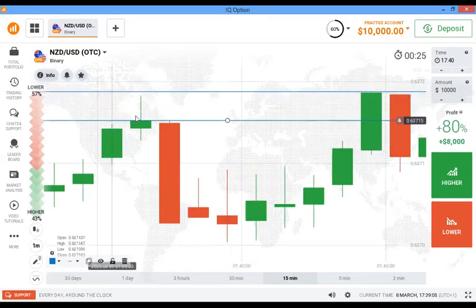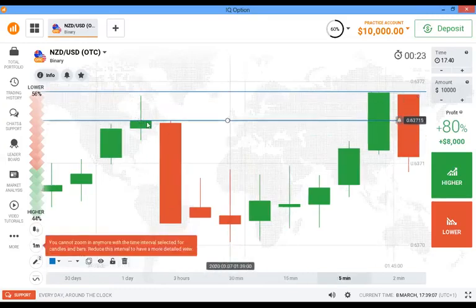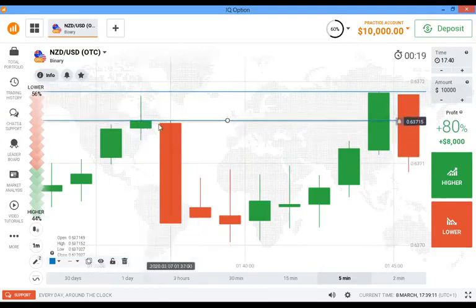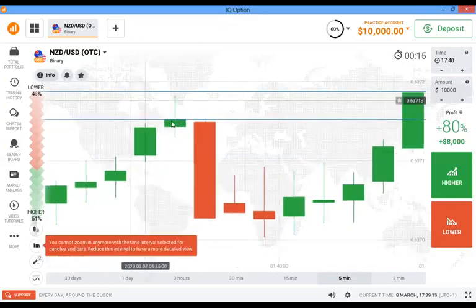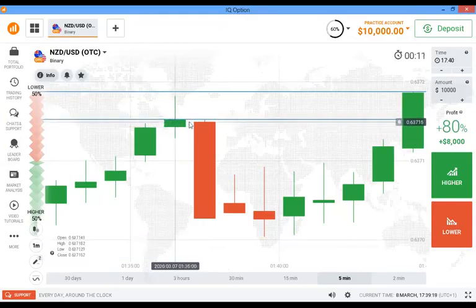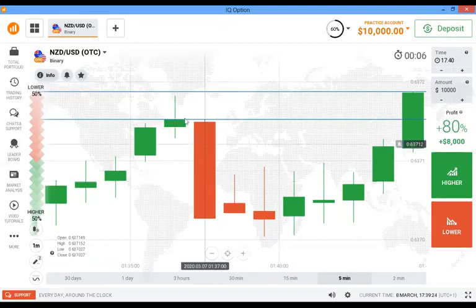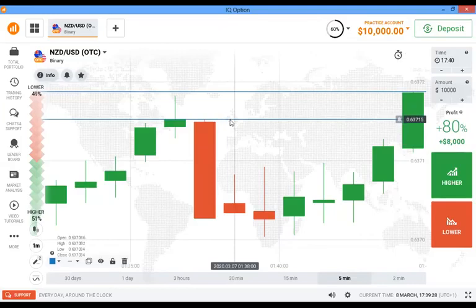Like this now, this is a level. So if you want to place your line in this type of market, you should place it at the lowest candle, not this one. Because if you are placing your line at the body of this bullish candle, we are not considering this bearish candle. You can see it didn't touch the bearish candle. That means you shift the line to the lowest point, to the lowest candle.